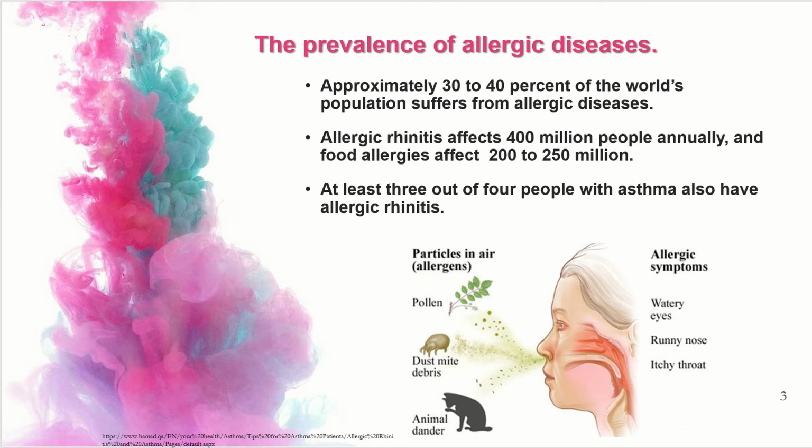So at least 3 out of 4 people with asthma also have allergic rhinitis. So essentially, you're exposed to the variety of allergens that I mentioned earlier, and then you experience some type of allergic response, such as watery eyes, runny nose, or an itchy throat.